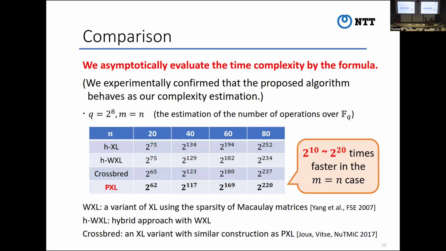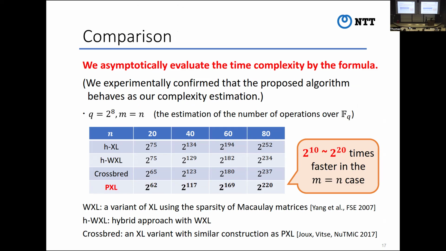And finally, we compare the proposed algorithm with other existing algorithms. We asymptotically evaluate the time complexity by assuming the semi-regularity of the given system. And this table shows the estimation of the number of operations over F_q of these algorithms in the case of q equals 2 and m equals n. We compare the hybrid approach with XL, the hybrid approach with Wiedemann XL, Crossbred, and the proposed PXL.